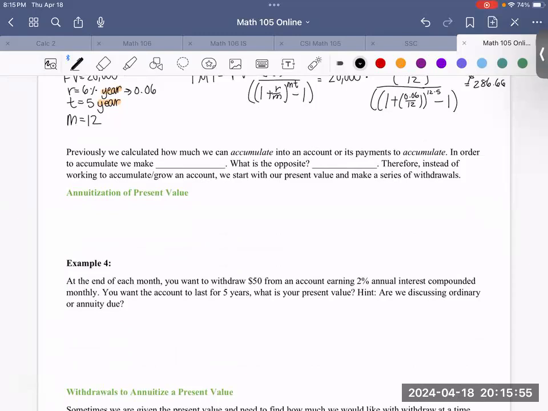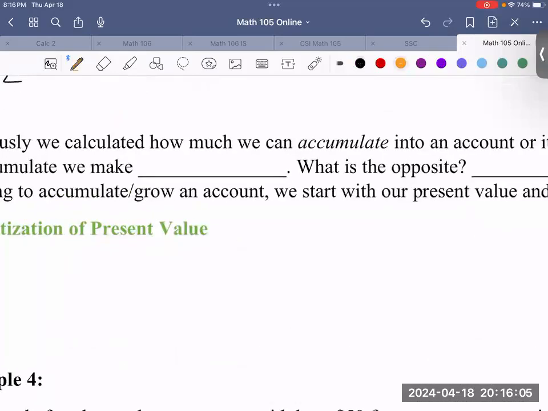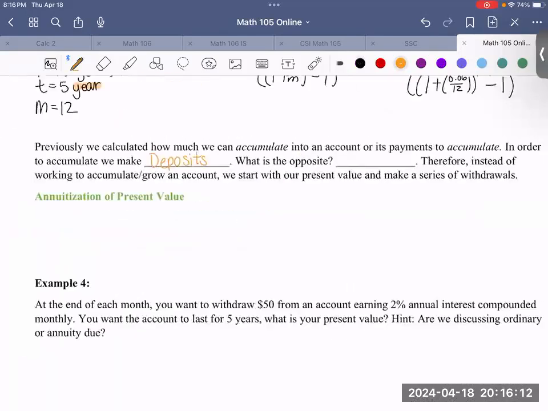So previously we calculated how much we can accumulate into the account, or its payments to accumulate. In order to accumulate, we make deposits. If we want to make something grow, we're going to deposit into it.